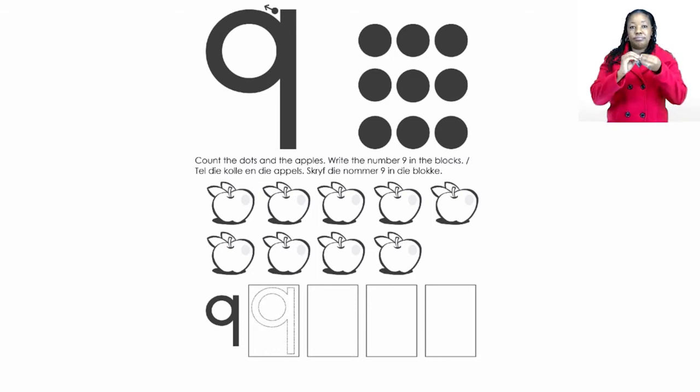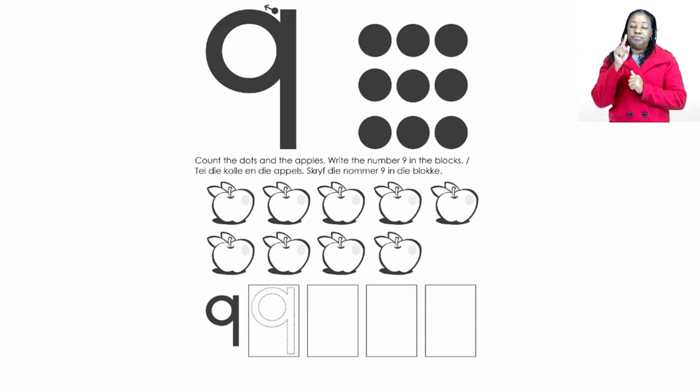Now we would like to count the number of blocks, the number of dots which are on the right-hand side of the booklet. Let's count together. 1, 2, 3, 4, 5, 6, 7, 8, 9.